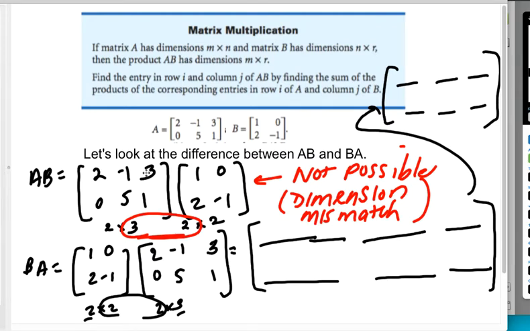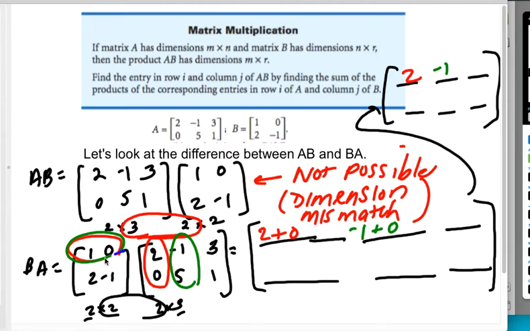Cool. So if I take row 1 by column 1, I get 1 times 2 plus 0 times 0. So that's a 2 plus a 0, which is a 2. If I take row 1, column 2, I get 1 times negative 1, which is negative 1, plus a 5 times a 0, which is a 0, so I get a negative 1.